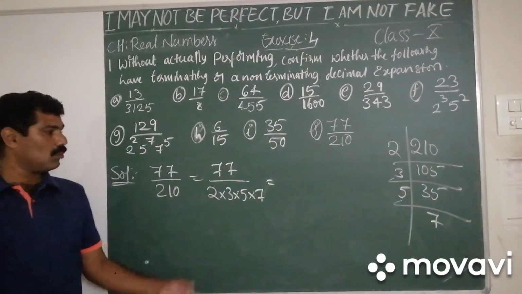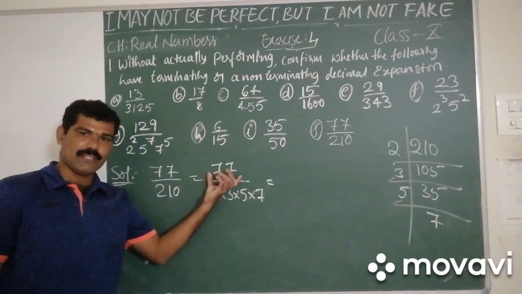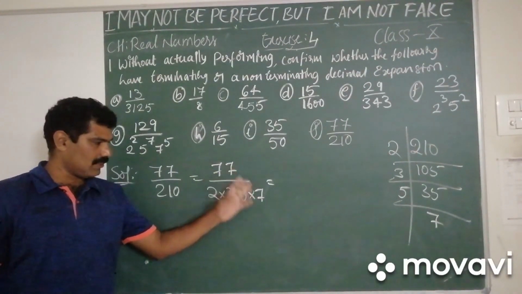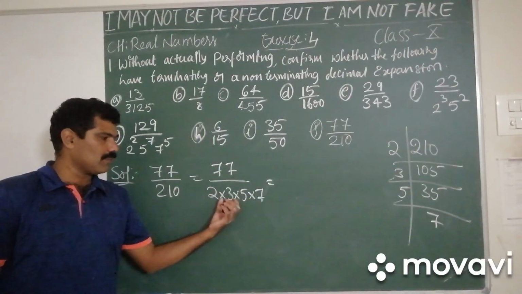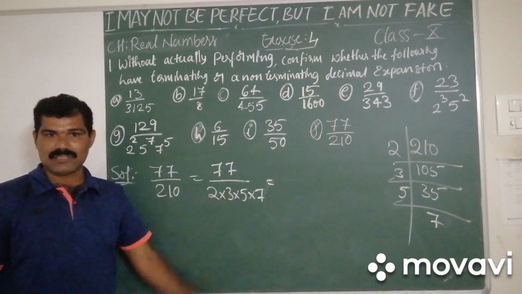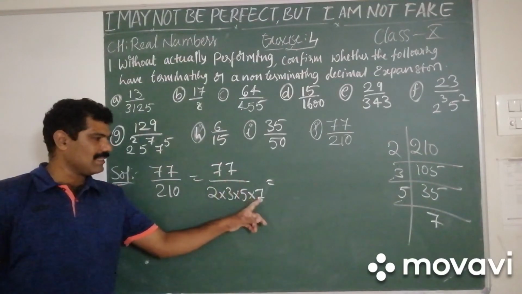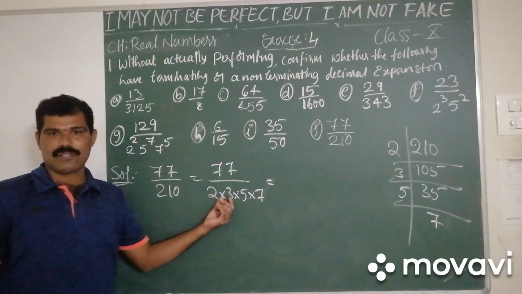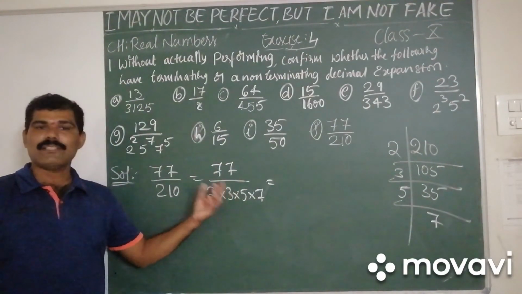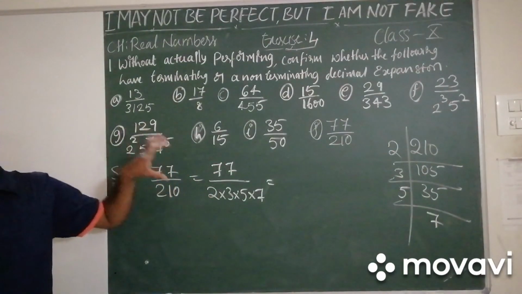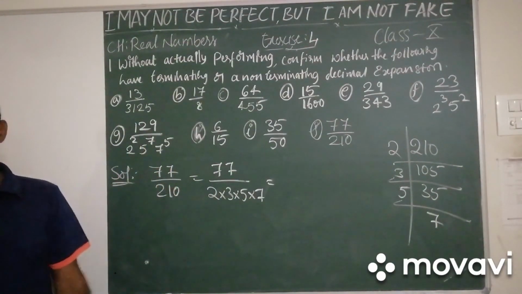Again you may have doubt, most probably if you expand numerator you may get cancellation, means in the sense so apart from 2 and 5 any other number may get cancellation, but here you can write this as 7 into 11. So 7, only 7 will get cancelled, 3 will be here. So if 3 is here, then surely this rational number will not give you terminating decimal. Okay.